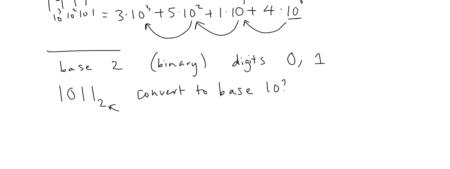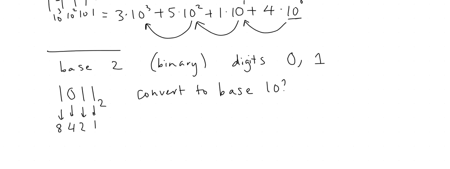So how do we convert it? Well, given what we know about how base 10 works, we can see that each place will represent a different value, right? So this place will represent 1, this will represent 2, this will represent 4, and this will represent 8, because these are the different powers of 2.